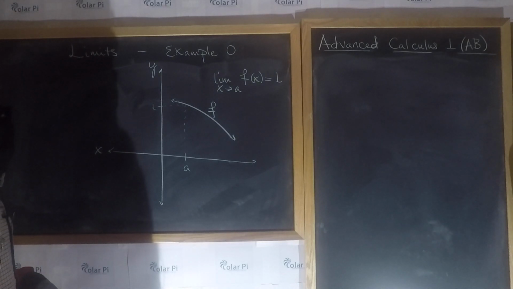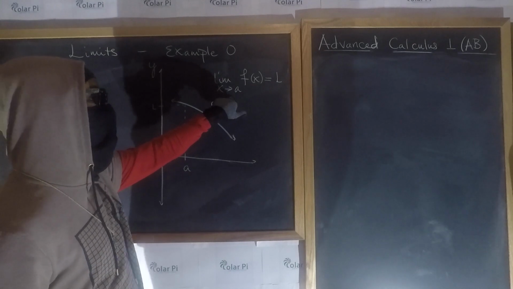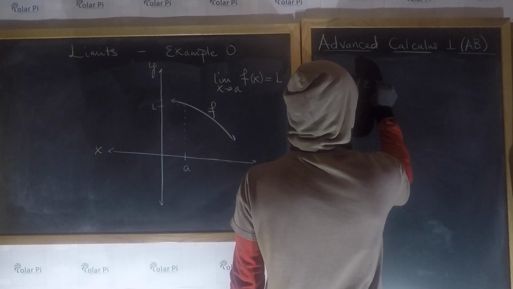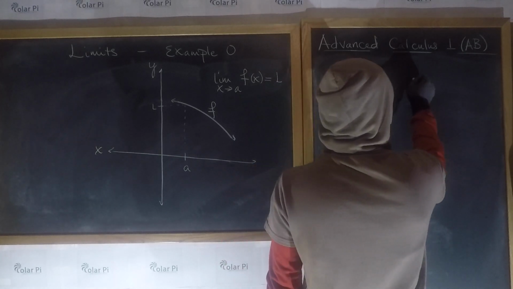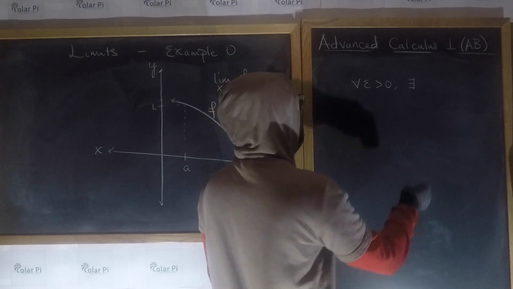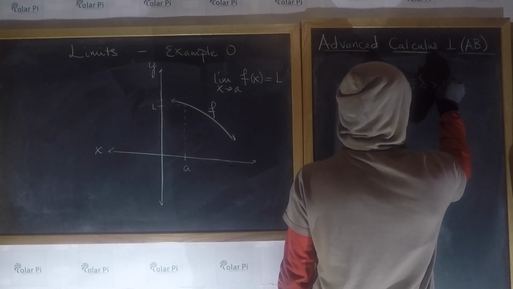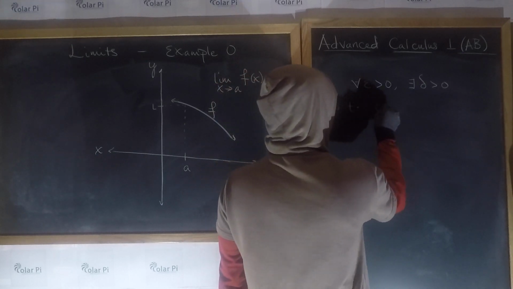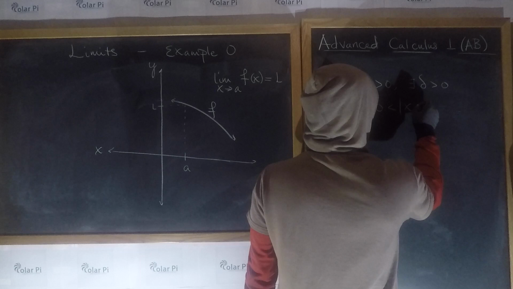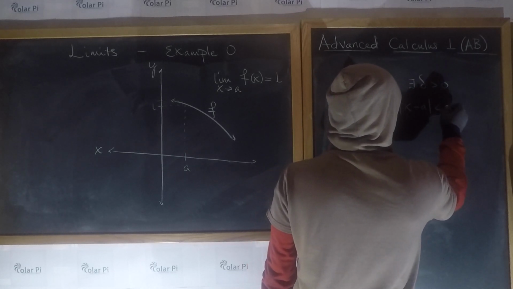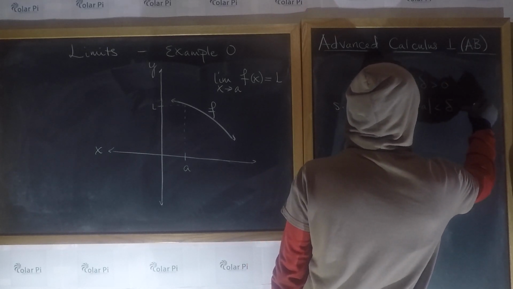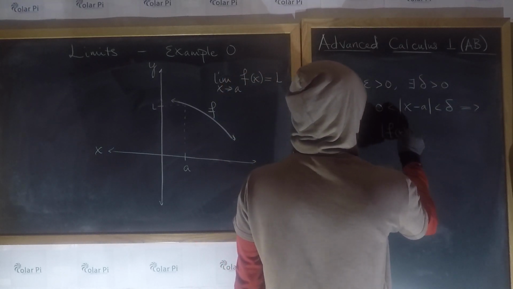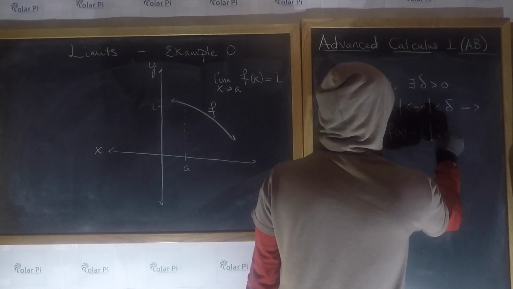But the formal definition is that the limit as x goes to a of f of x is equal to L if for every epsilon greater than 0 there exists a delta greater than 0 such that whenever 0 is less than the absolute value of x minus a is less than delta, it automatically follows that the absolute value of f of x minus L is less than epsilon.